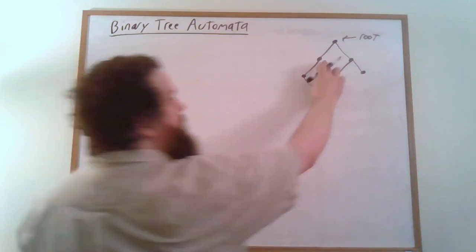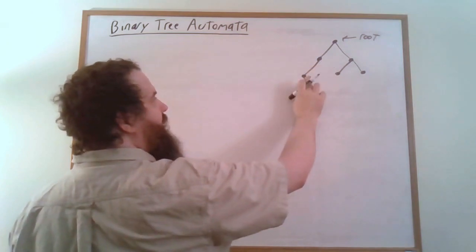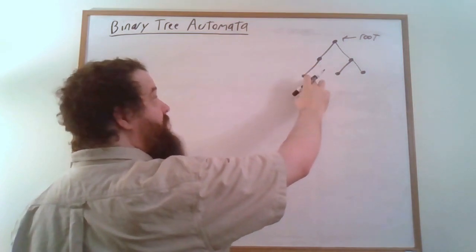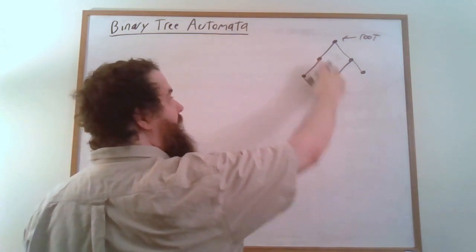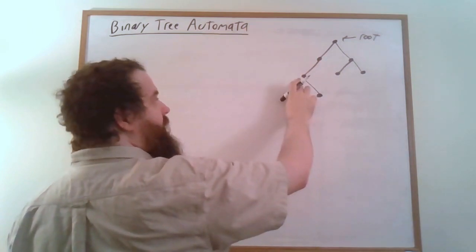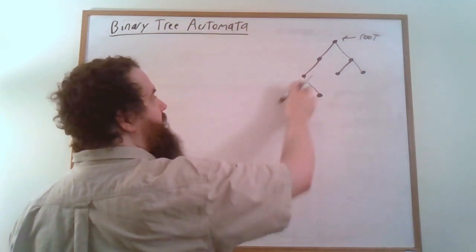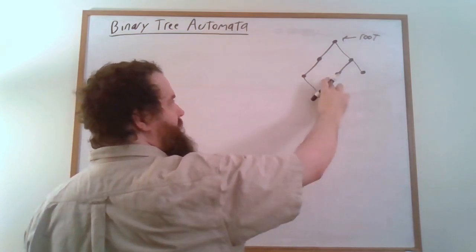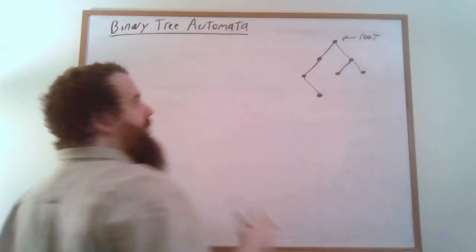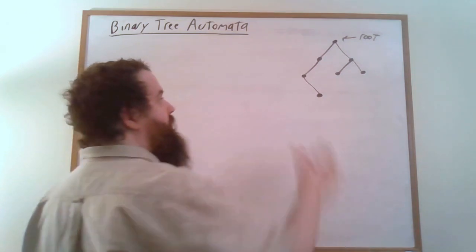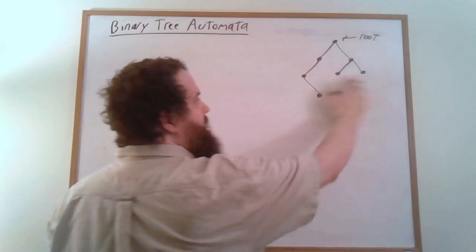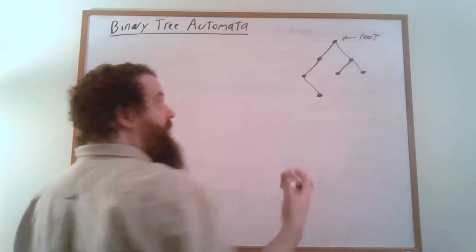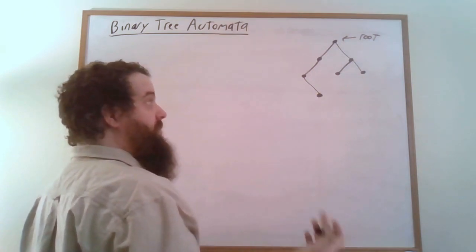Even though this node here only has a left child, we want to distinguish that from this node only having a right child. This node only has a right child and doesn't have a left child. This node only has a left child and doesn't have a right child. And of course, not every node has to have children. This node here and these nodes here don't have any children, and so they're called leaves.